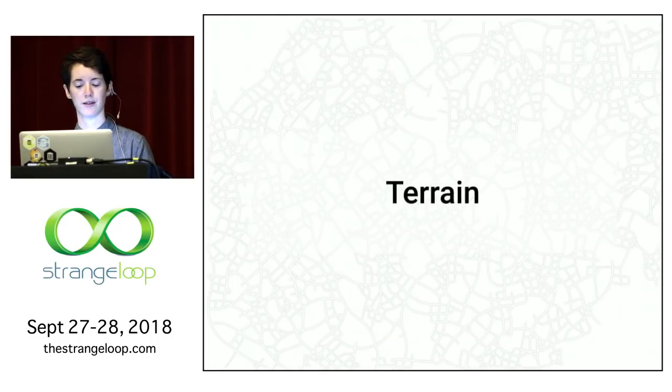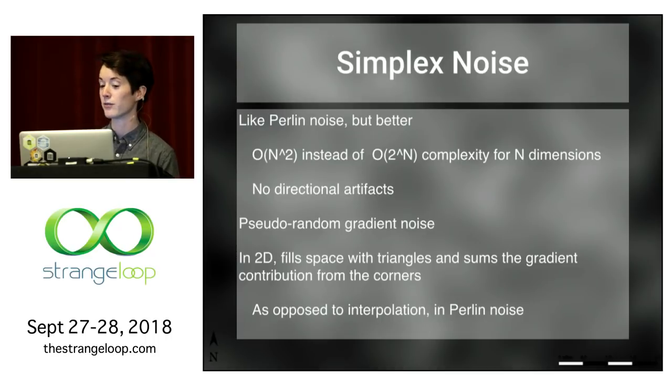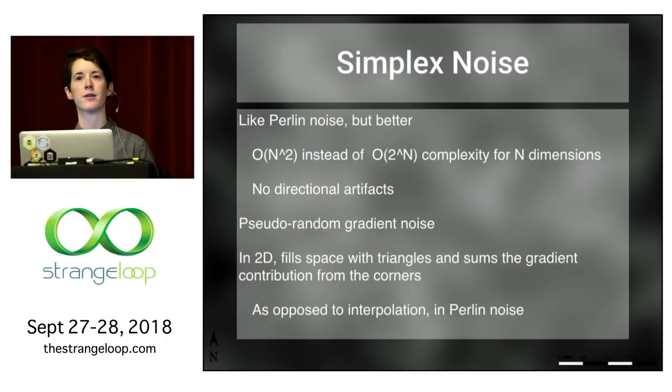So we'll start with terrain. I use simplex noise to generate terrain. Simplex noise is like the new and improved Perlin noise. Not to hate on Perlin noise, that algorithm won an Oscar, which is more than most algorithms can say. And so simplex noise is a little nicer. It's a little less computationally complex, and it looks a little better. It has fewer directional artifacts.